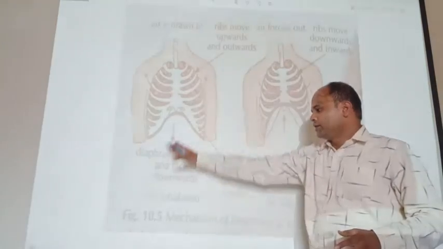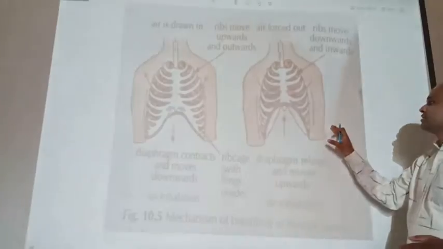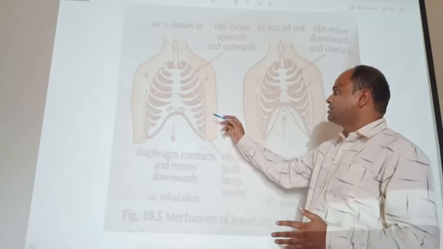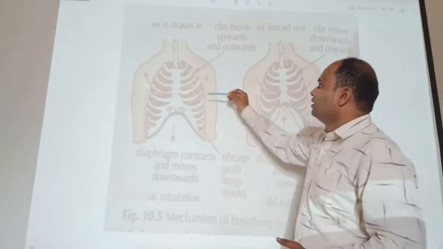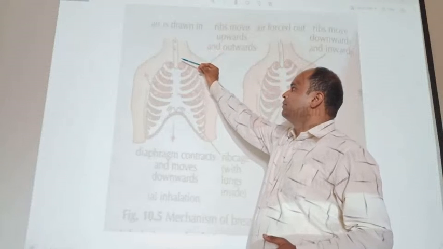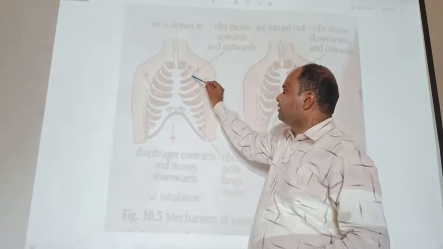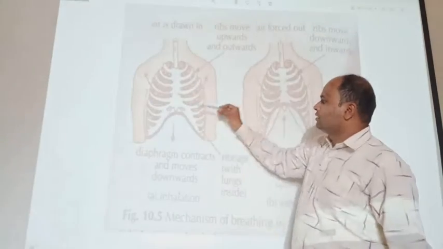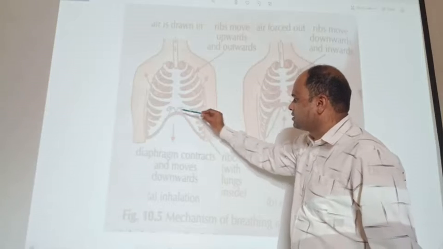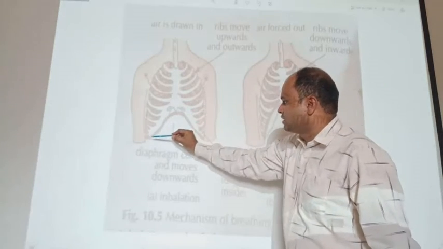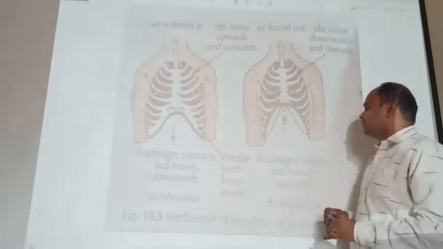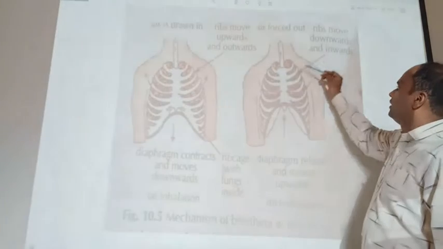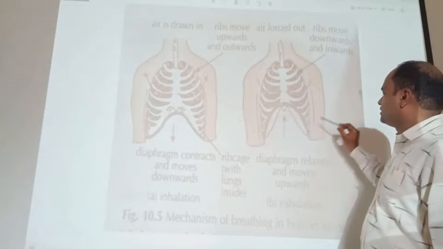This picture shows inhalation and the second picture shows exhalation. In the inhalation picture, you can observe this is the windpipe, and all of this is the ribs, and this portion is the diaphragm. In the next picture, this is the windpipe, and these are the ribs, and this is the diaphragm.